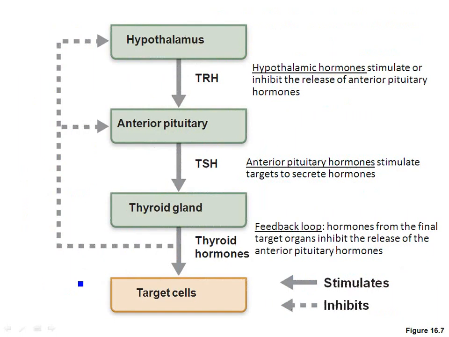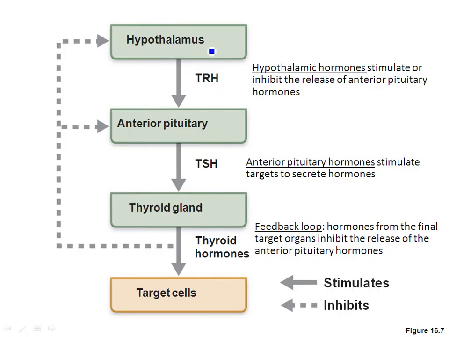And this is just another way, kind of a schematic, to help you keep this organized. We have our hypothalamus, and this is just an example of a hormone cascade. So you have hypothalamic hormones, hormones that are made by the hypothalamus that stimulate or inhibit the anterior pituitary. In this case, you have thyrotropin releasing hormone.